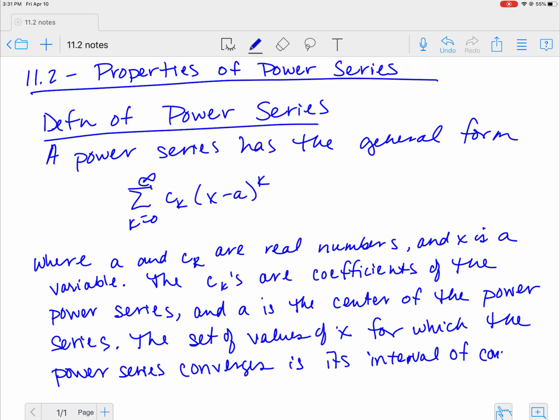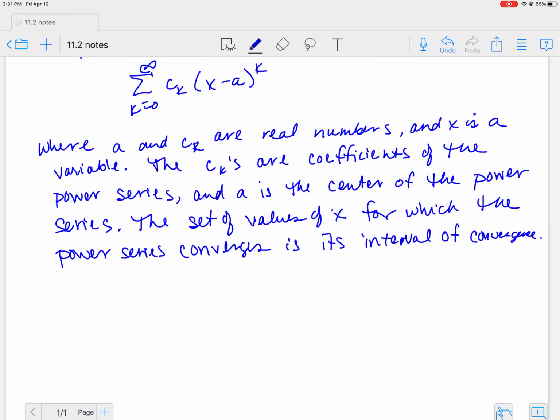Interval of convergence. Man, my handwriting is terrible, you guys. Okay, so the interval of convergence.